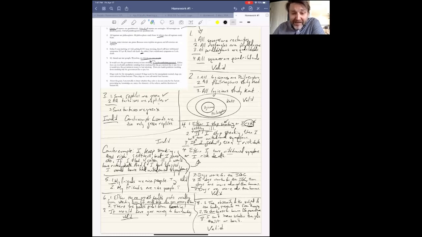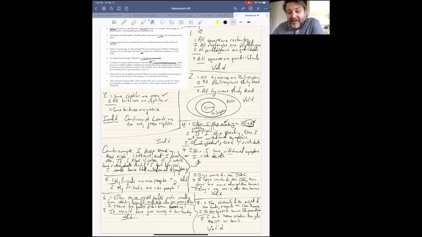So that would make premise 3 true. And if I had stopped smoking, I would have withdrawal symptoms. So that would make premise 2 true. But what premise 3 says is, if I get ill, then I risk death. And what premise 1 says is, either I stop smoking or I risk getting ill.